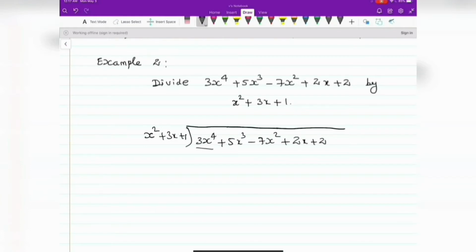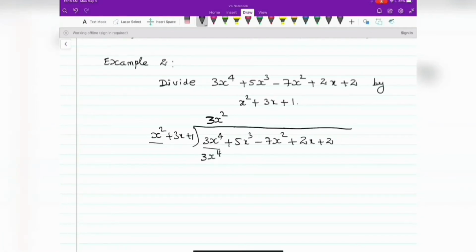But I am having here x squared. So I have to multiply x square by 3x square. Then I will be getting here 3x power 4. Then multiply 3x and 3x square. I will be getting plus 9x cube. Then plus 1 into 3x square will give me 3x square.